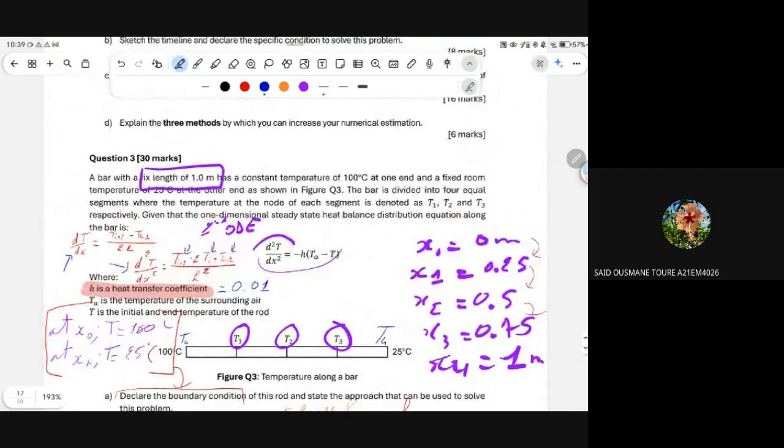Here, the equation they gave is this one: d squared T over dx squared equals minus 0.12x cubed plus 2.4x squared plus 12x.